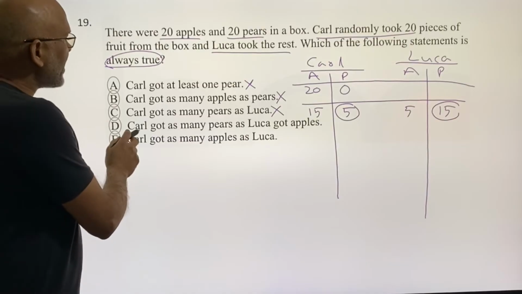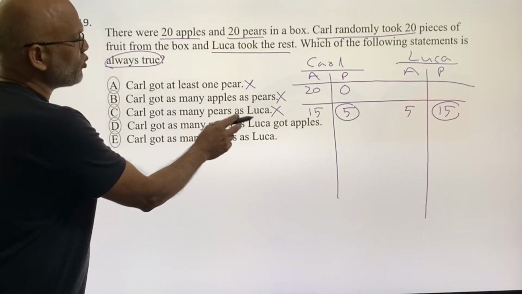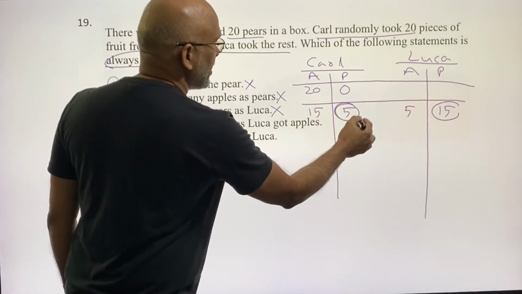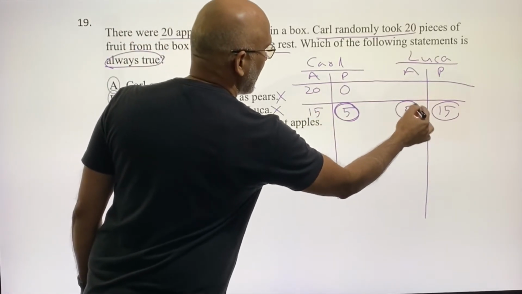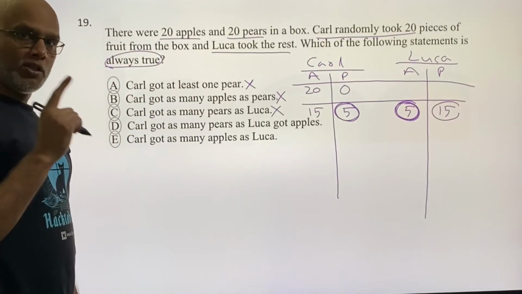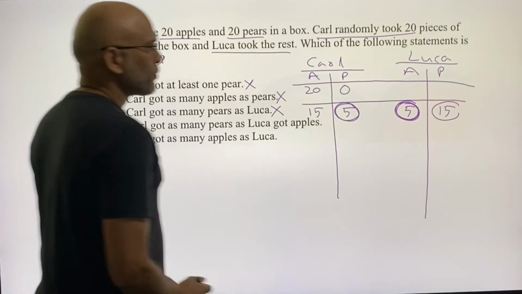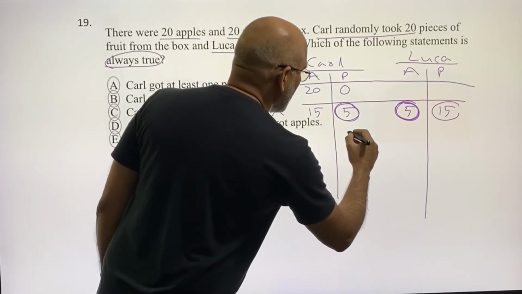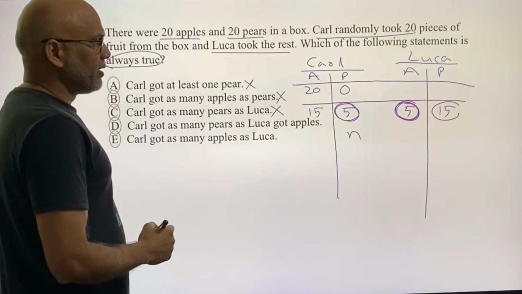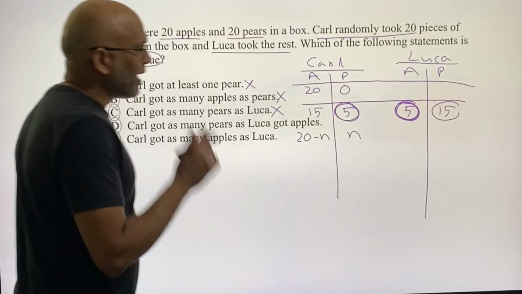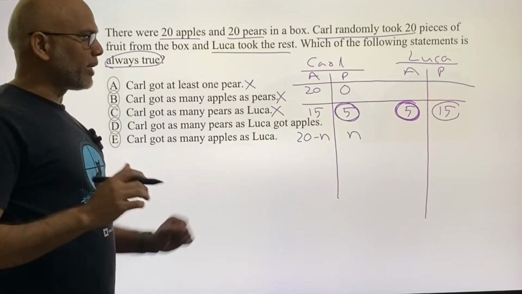All right, Carl got as many pears as Luca got apples. Okay, so that seems like it's always true. Let me take a general case. Let's say Carl got n pears, then he would have got 20 minus n apples because he picked a total of 20.